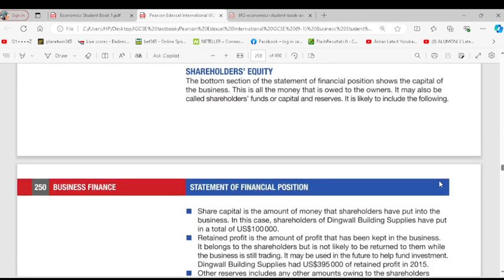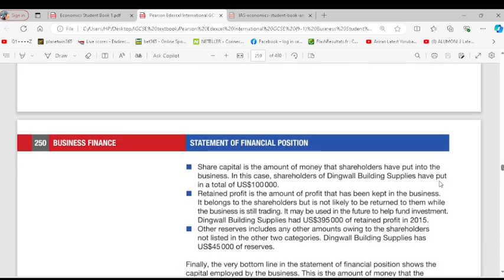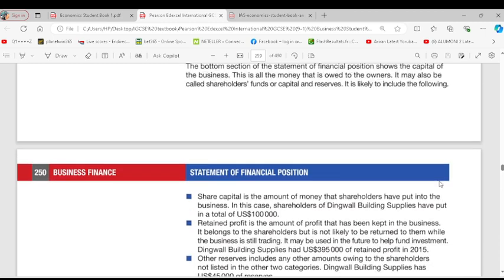For shareholders' equity, we're talking about the capital, the money put into the business, the money that belongs to the owners of the business. Shareholders' equity is the money that belongs to the owners.